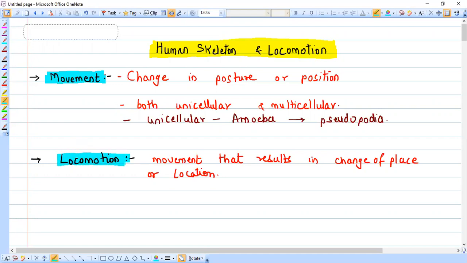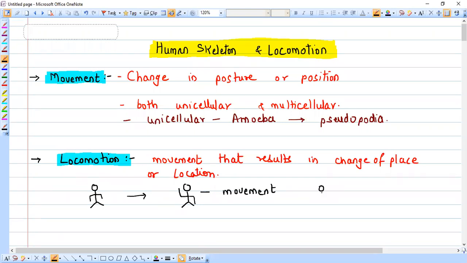The point here is, what is the basic difference between locomotion and movement? In order to understand this, let's check it in this way. I draw one boy, and if this boy is standing normally and suddenly raises one hand, this can be considered as movement. This is not considered as locomotion because he is just raising his hand.